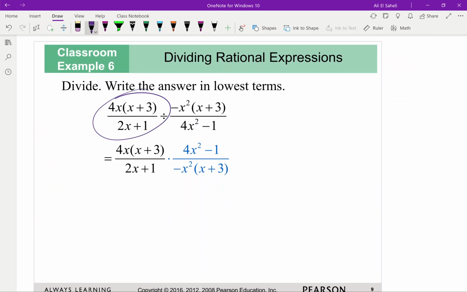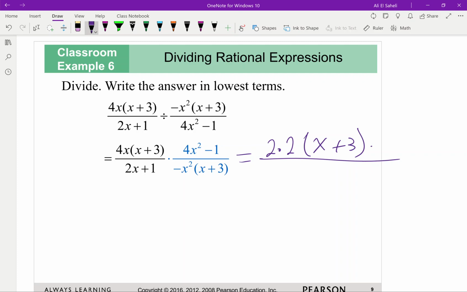Dividing this by this, we flip this and we have this. Alright, now this is equal to, in the numerator we have 4, 4 is 2 times 2, x plus 3 times 4x squared plus 1 minus 1.